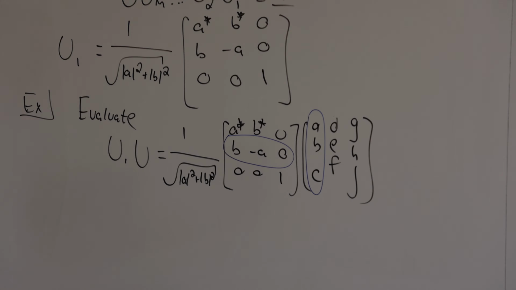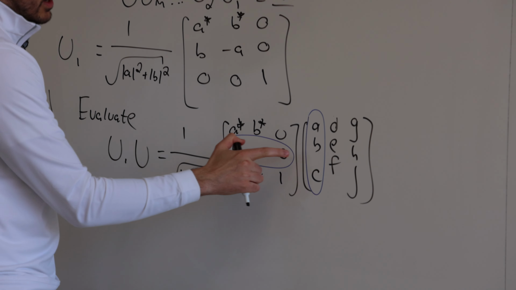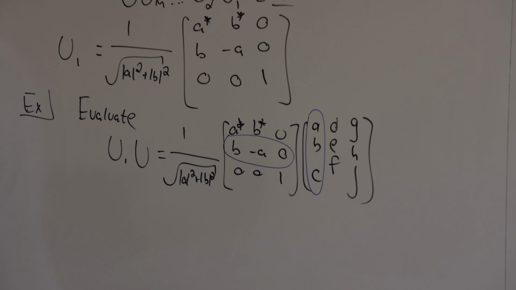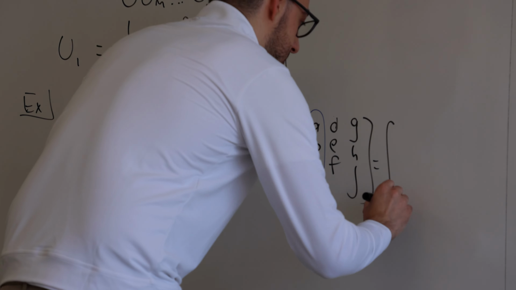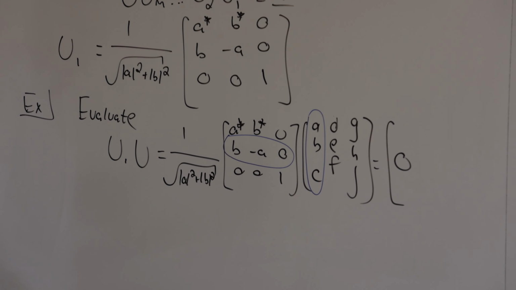Hopefully now you can see that I'm going to get a times b plus minus a times b, and so that's going to be 0. The other ones I don't necessarily care about. So we're just going to note that this matrix element is 0. That's what I care about.